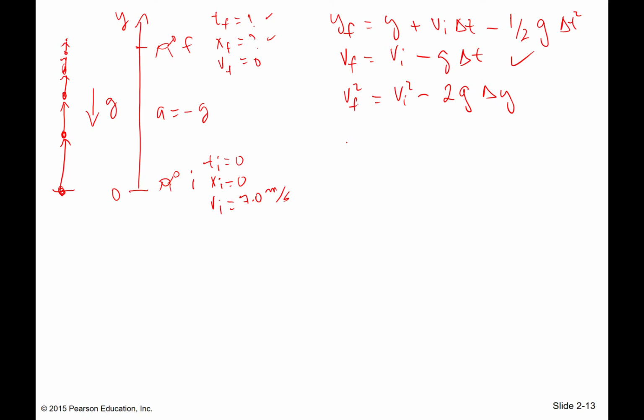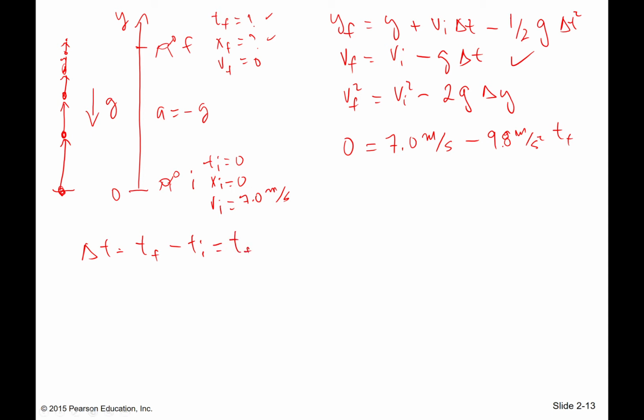So I have final velocity, 0, is equal to initial velocity 7.0 meters per second minus 9.8 meters per second squared times tf, because delta t is t final minus t initial, but t initial is 0, so it is equal to t final.